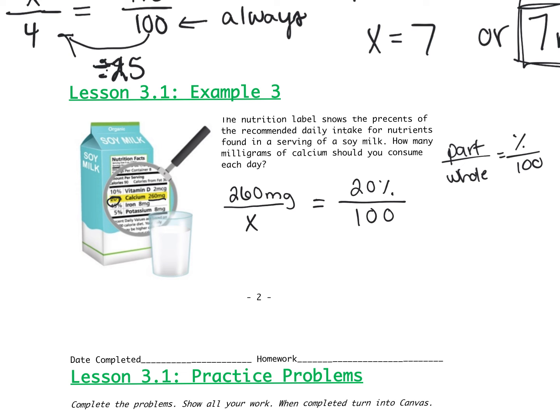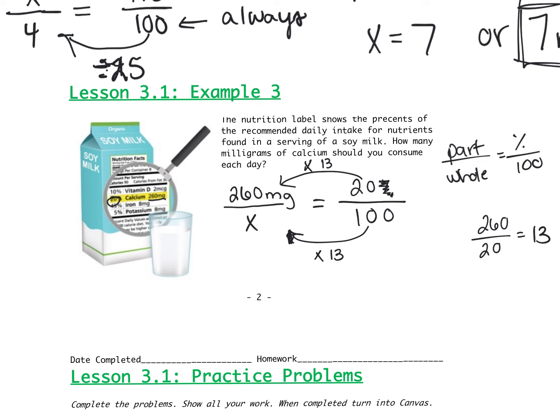So again, we're going to say, how do we get from here to here? We don't need this percent sign anymore, we just need the 20. So what do I need? Well, we're going from a smaller to a bigger, so we know we're multiplying. And what do I multiply 20 by in order to get 260? Well, we can say 260 divided by 20 gives us 13. So now we know we multiply by 13.